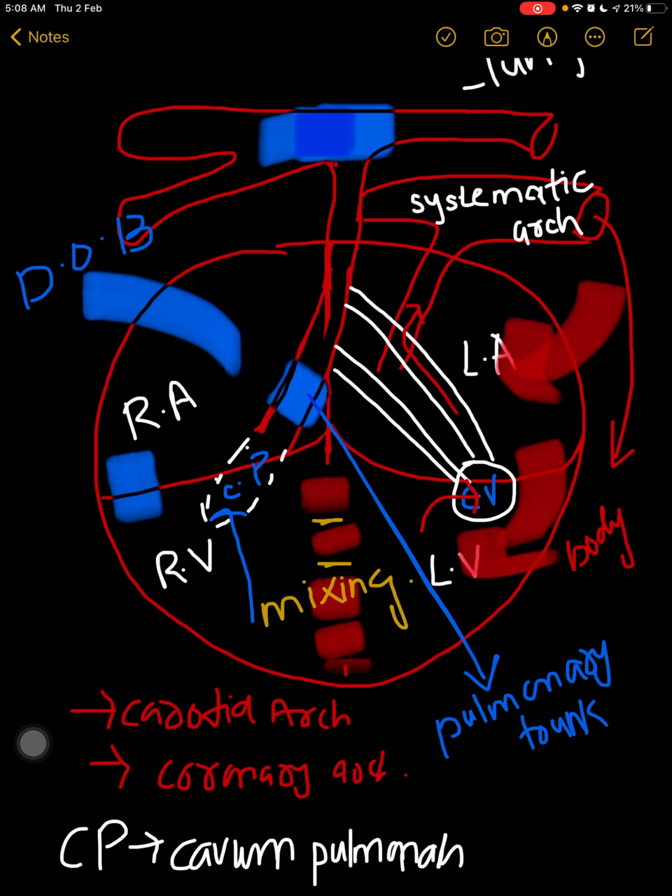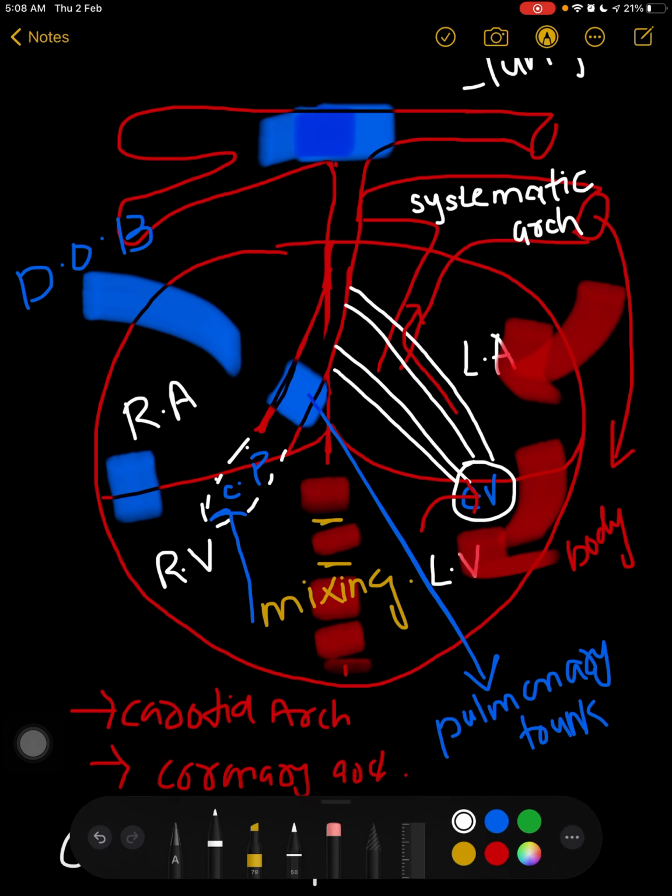Now the oxygenated blood from this left ventricle and the deoxygenated blood from the right atrium both will mix. Now that mixed blood is carried to cavum pulmonalis. Now cavum pulmonalis to pulmonary arc, and pulmonary arc to lungs for the oxygenation. And here this mixed blood is carried by cavum venosus. Now cavum venosus to the systematic arc, and systematic arc to the whole body.